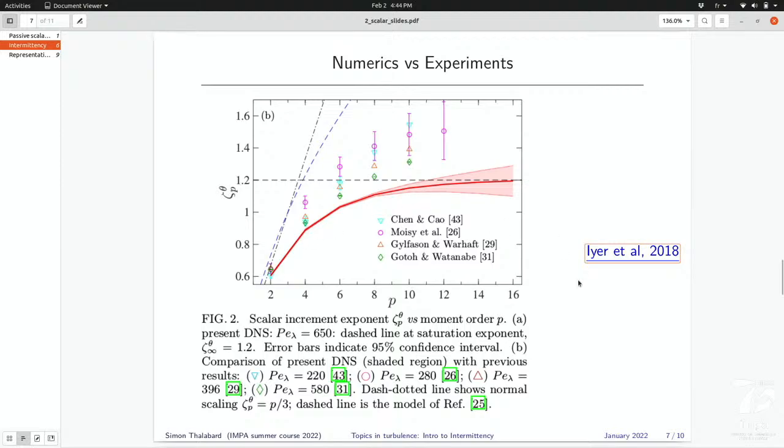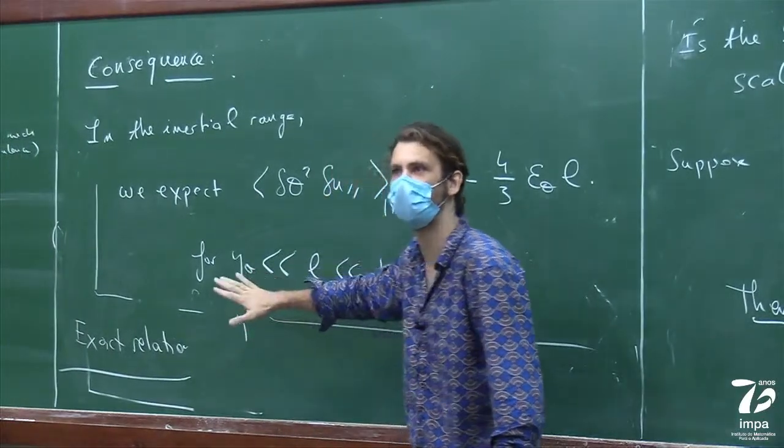The data here was done by Iyer and collaborators. You can see the date is very, very recent, so this means that it's still an unsettled question. And basically, the different points here are different campaigns and different Reynolds numbers, which means different values for this quantity here. In other experiments, this condition is satisfied more or less.